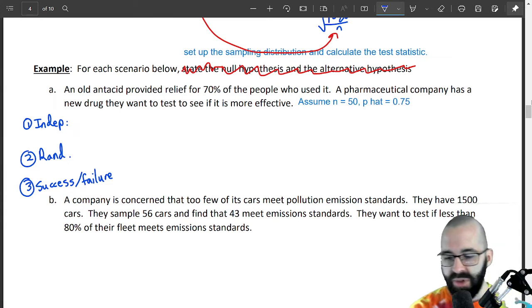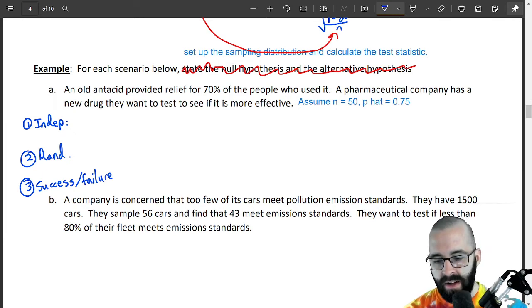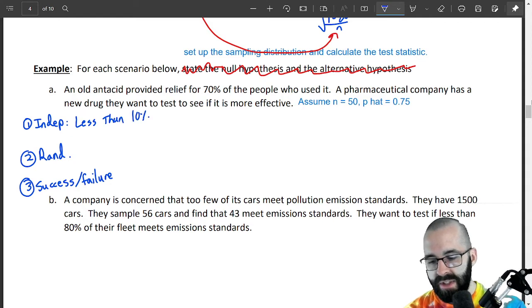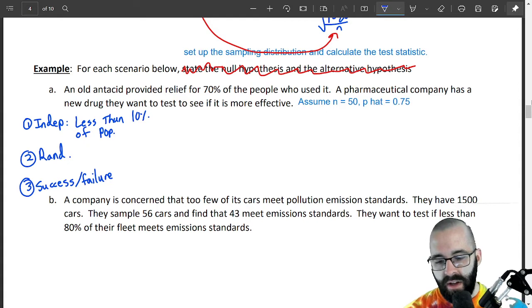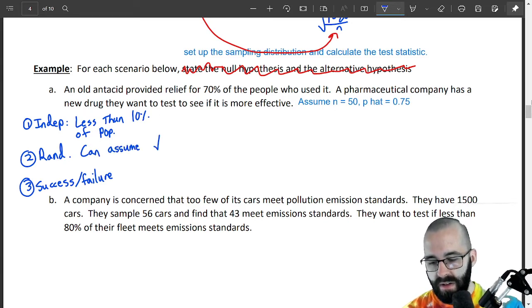It doesn't tell us explicitly, but there's no way that we're actually going to do a test on more than 10% of the population of people in the world. So we do have independence here, right? Less than 10% of the population is what we're testing. Randomization, it doesn't tell us this, but we can assume we're doing things randomly.